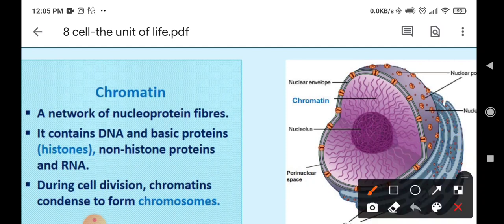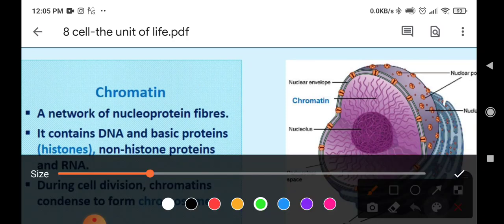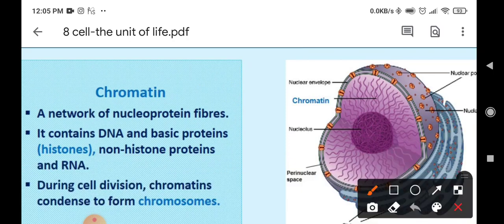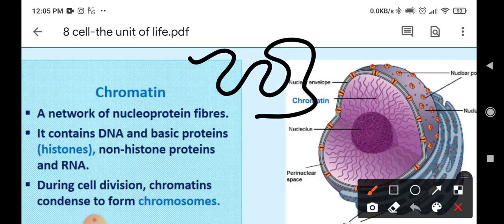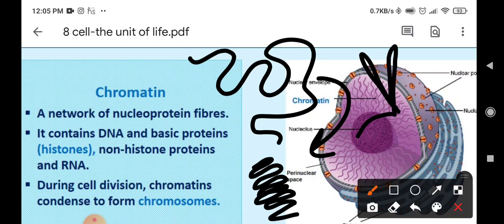Condensing means that just before this they are thread-like, but before cell division they start coiling up like this and become thicker. Later on, after some time, they condense properly and appear like chromosomes.